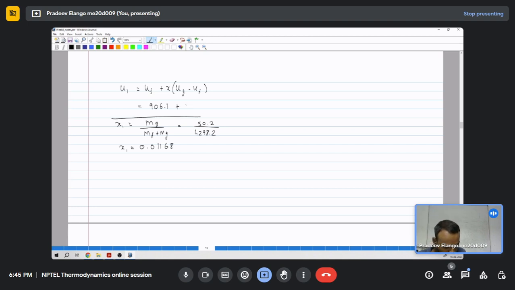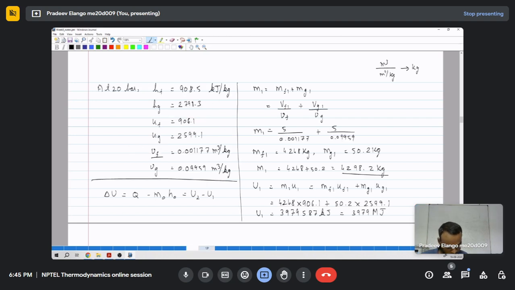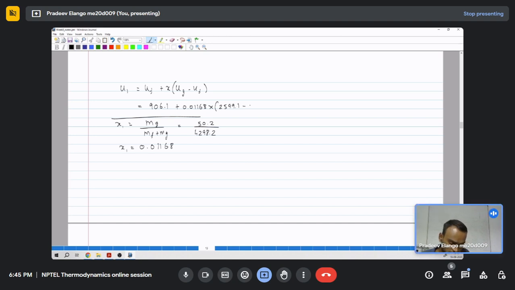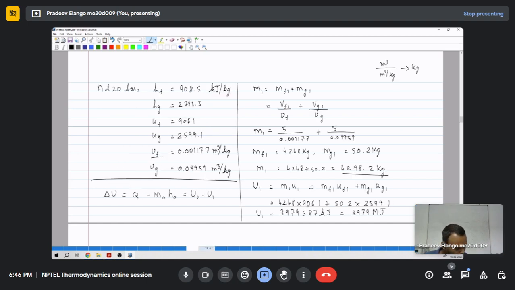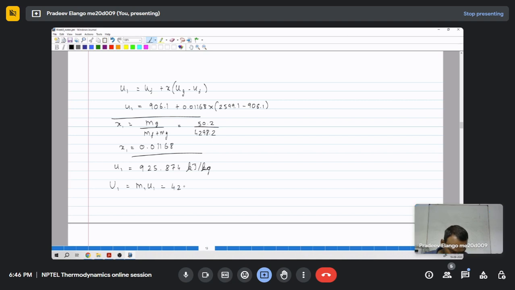So then we will have 0.01168 into (Ug minus Uf), that is 2599.1 minus 906.1. This comes to be 925.874 kilojoule per kg, and total internal energy is m1u1, total kg 4298.2 into 925.874.